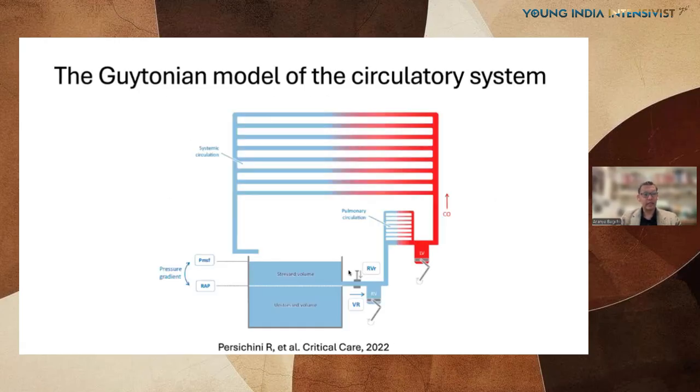So this is a nice, relatively recent paper in Critical Care in 2022, which gives a nice schematic of the circulatory system. And this is an extension of the bathtub analogy of Magder. So this is your venous reservoir. You can also think of it in a bypass circuit. You've got this big bucket of a venous reservoir when you're putting patients on cardiopulmonary bypass.